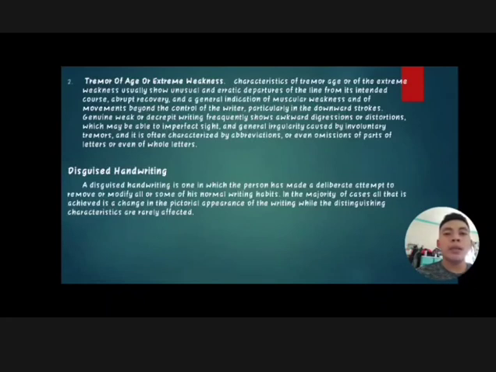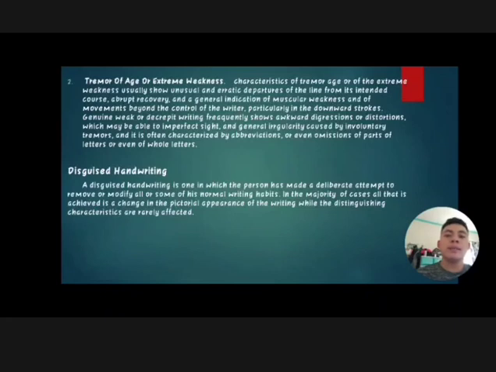Genuine weak or decrepit writing frequently shows awkward digressions or distortions, which may be due to imperfect sight and general irregularity caused by involuntary tremors, and is so often characterized by abbreviations or even omissions of parts of letters or even whole letters.